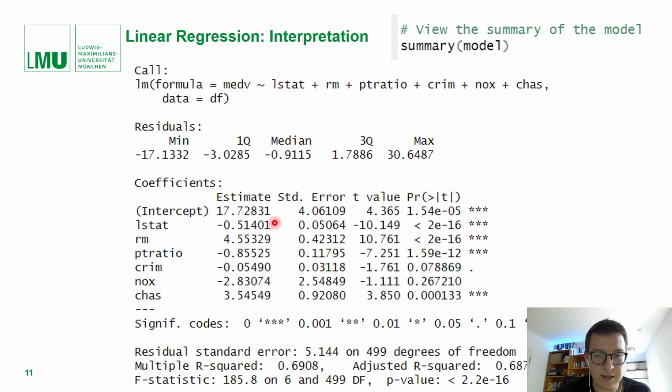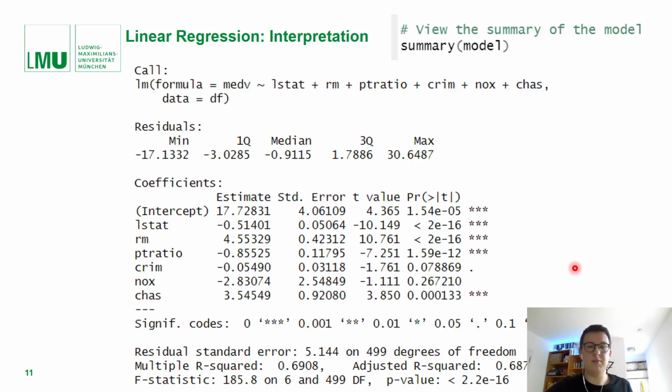For each variable, we get a coefficient. For example, in the mathematical notation, this would be beta 1, beta 2, and so on. We get a standard error, and we get a t-value, and we get these stars, which indicate the significance of our coefficients.